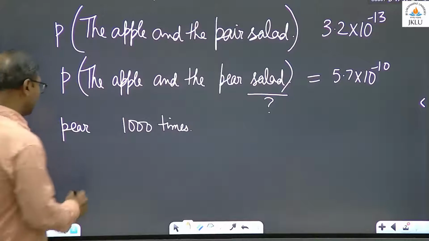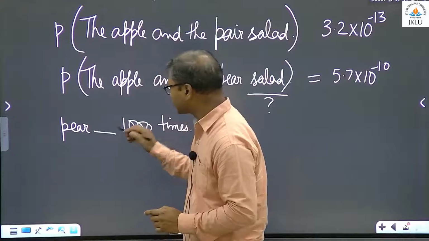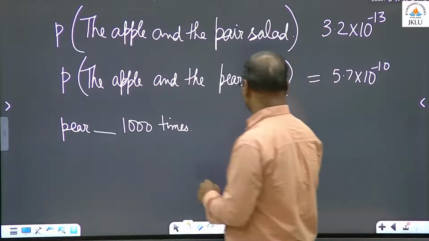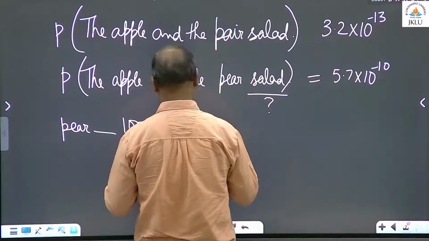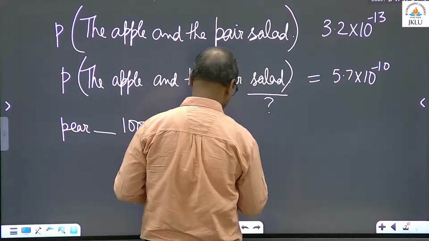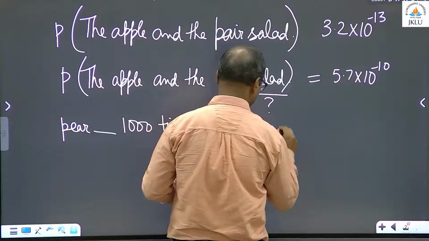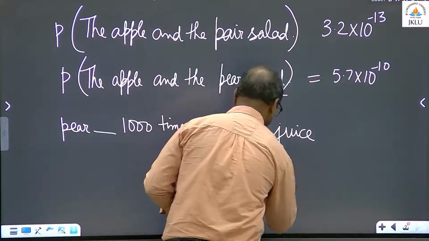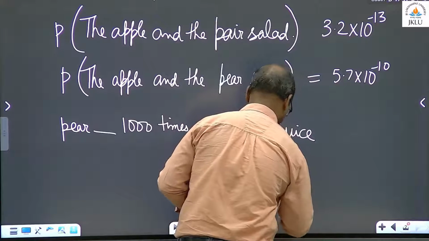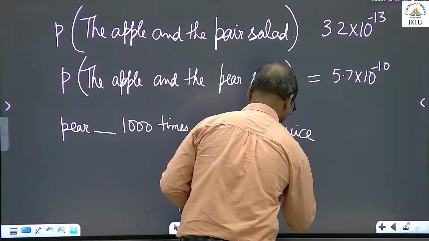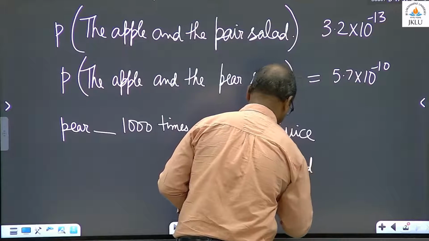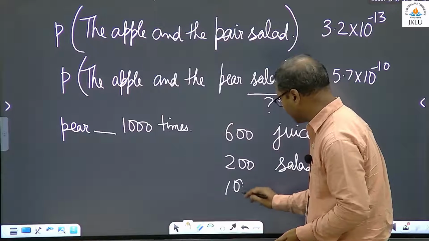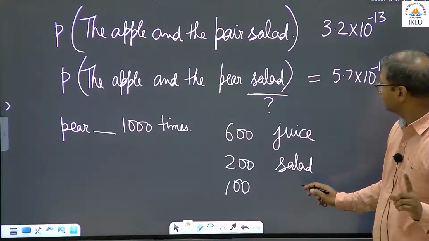You look for all the next words of "pear". Let's say 600 times we had juice. Let's say 200 times we had salad. And let's say 100 times we had, give me one more thing.